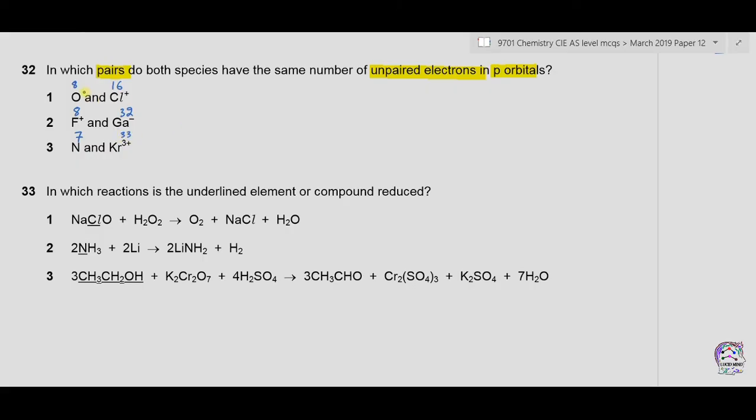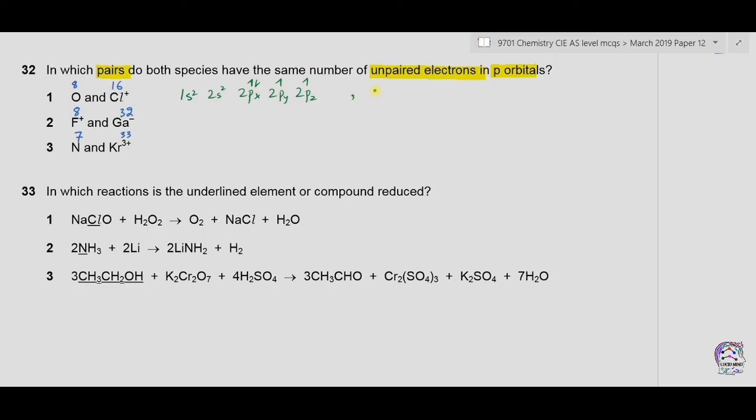Now let's do the electronic configuration of oxygen. We have 1s2, 2s2, 2px, 2py, 2pz. As 4 electrons are filled and there are 4 electrons left, we would have 1 electron in x, 1 in y, 1 in z, and then the 4th electron pairs in 2px orbital.